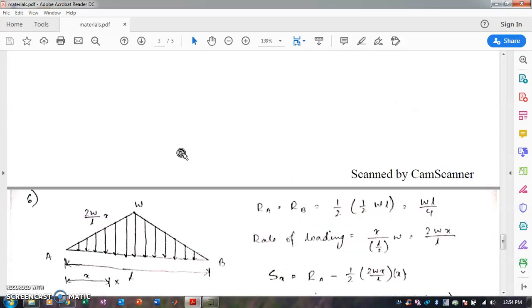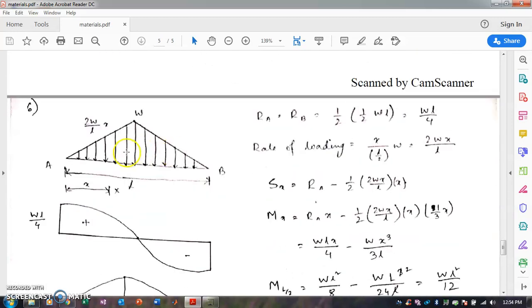Okay, so now we are going to the next type, that is uniformly varying load, UVL, for simply supported beam. Here the uniformly varying load is distributed like this. The maximum load reaches at midpoint.